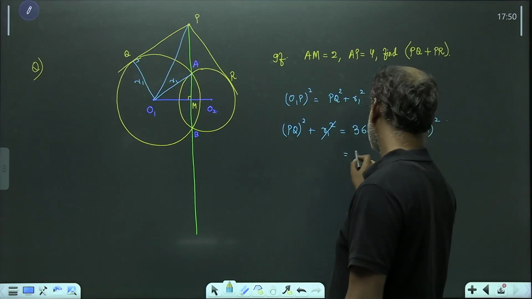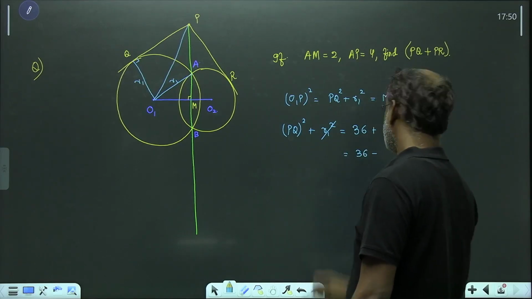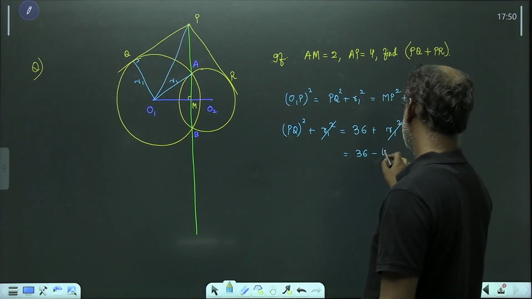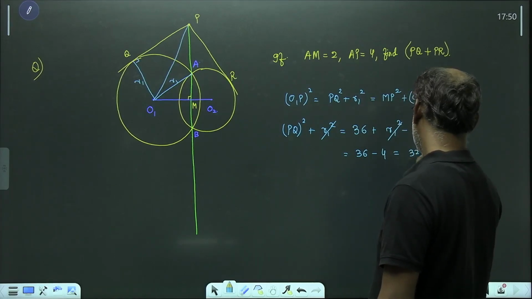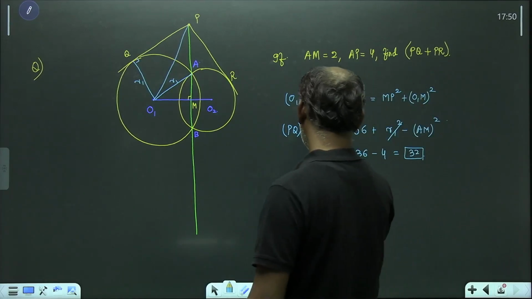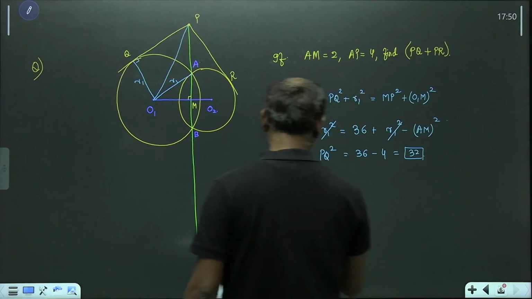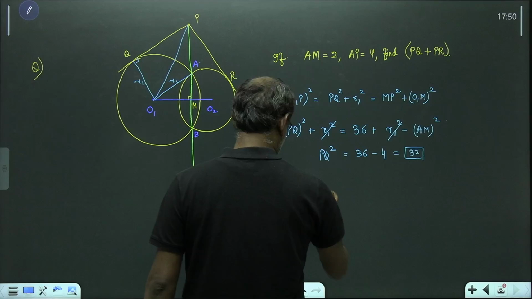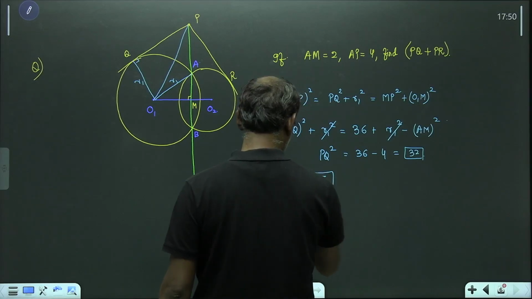What you get is 36 minus AM square. What is AM square? 4. So, this is 32. PQ square is 32, so PQ is 4 root 2.